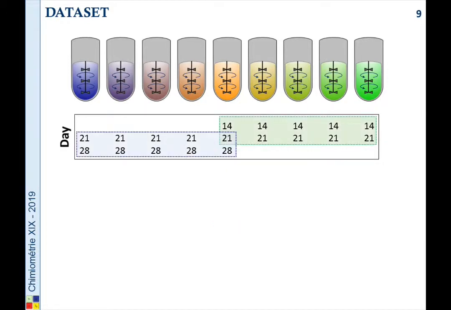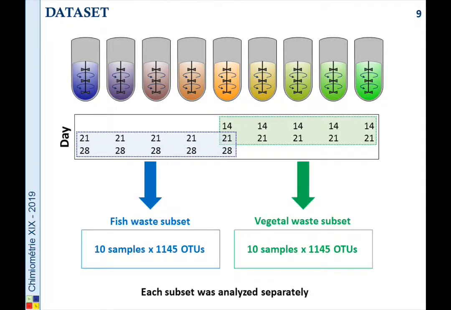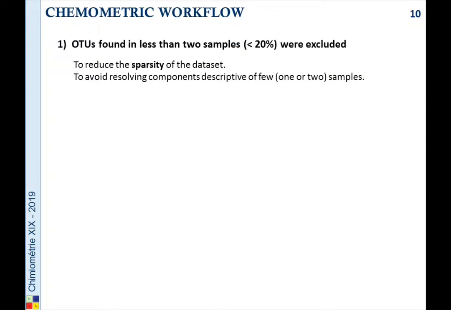Since we were dealing with a very complex experimental design, we decided to split this dataset into 2 different subsets, one for each co-substrate. And we analyzed each one of these 2 submatrices separately. Also, by doing this, all the reactors within each of the subsets have been analyzed at the same time points. So now I will present the chemometric pipeline that I have used to analyze this dataset.